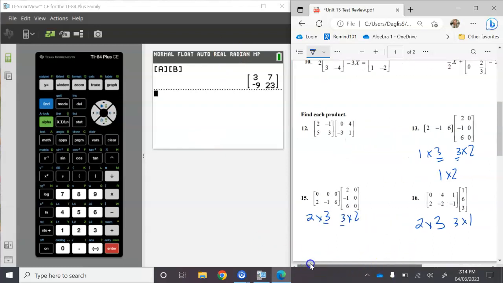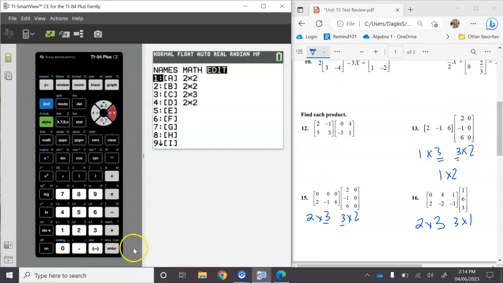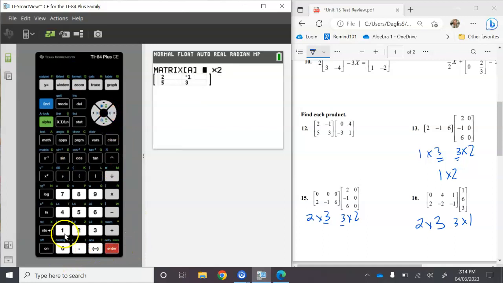So you can do them all by hand, or you can type them in each time, editing your matrix A and matrix B. I'm going to show you one other little shortcut. So let's say I just did 12. I got my answer. Now I want to do number 13. I'm going to go into my matrix menu. We're going to edit. This is a 1 by 3. And it is a 2, -1, and 6.